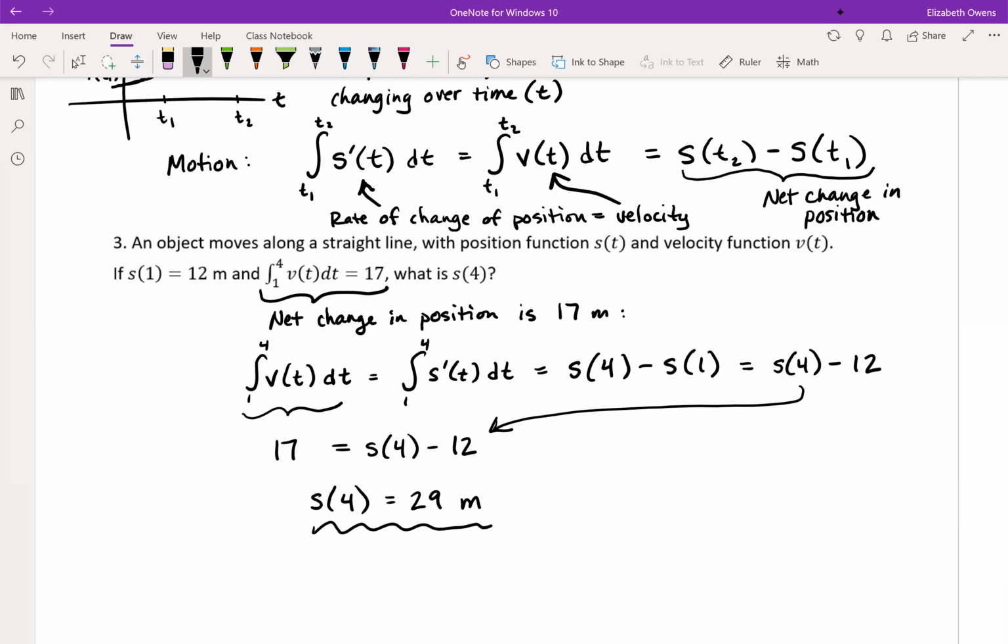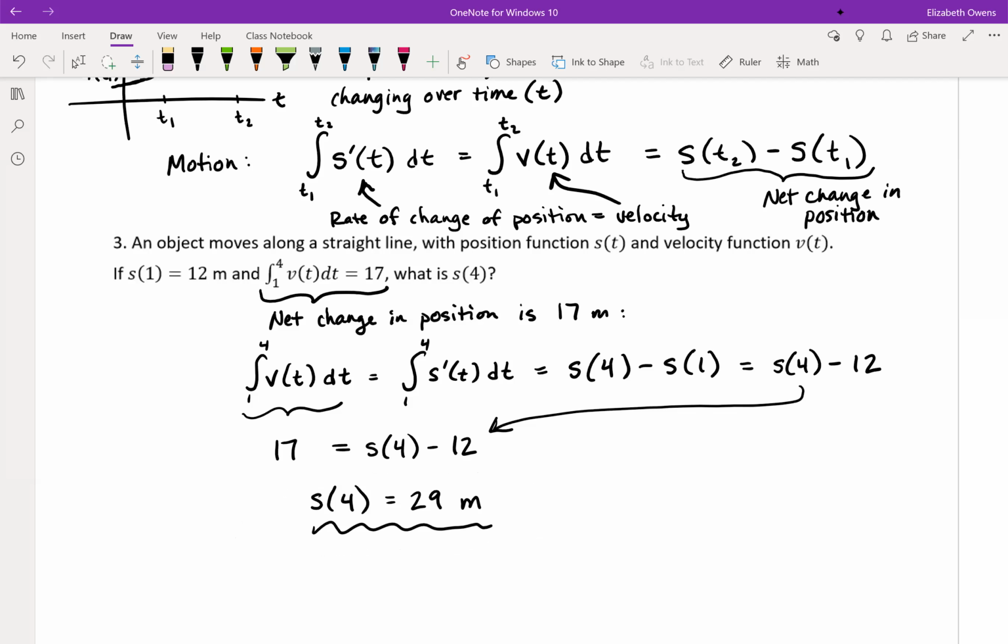S of 4 equals 29 meters. Okay, so yeah, that integral was telling us how much the object changed its position between 1 second, or time 1, and time 4. Okay, so it went from 12 meters. This shows that we add a net change of 17 meters. And so we end up at s of 4 equals 29 meters.